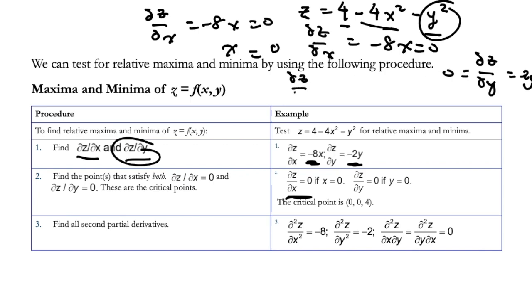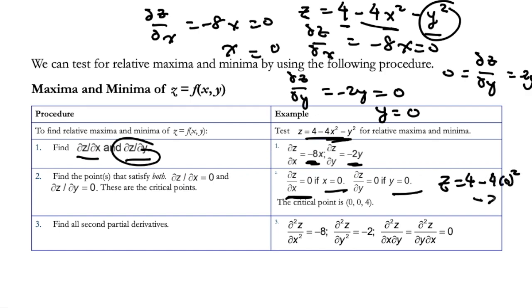From here we can get y equal to 0 as well, isn't it? So x is 0, y is 0. When x is 0 and y is 0, find z. We know that z is 4 minus 4 times 0 squared minus 0 squared. So 4 minus 0 equals 4. So here x is 0, y is 0, z is 4. So this is our critical point.